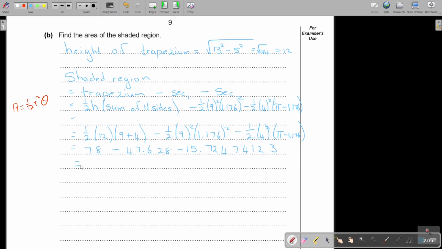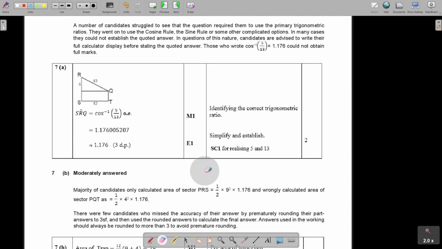And again, first your full calculator display 14.64725877, and that is going to be 14.6. Okay, let's go to the exam report.